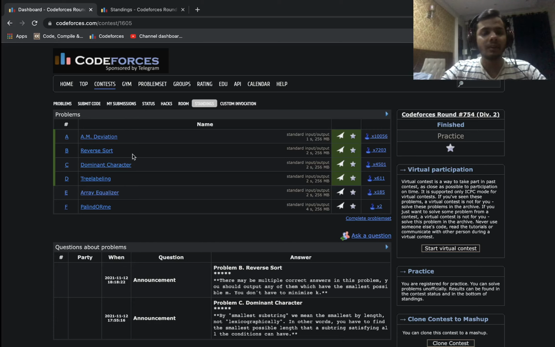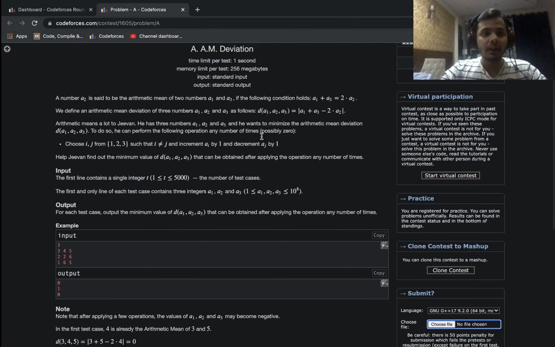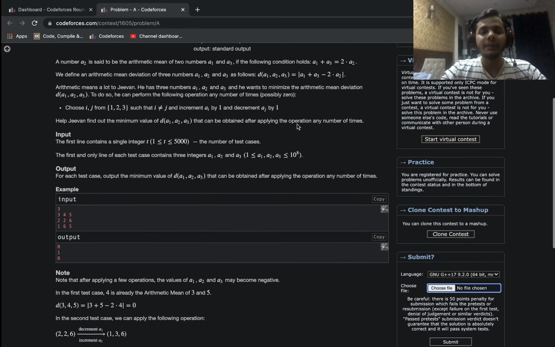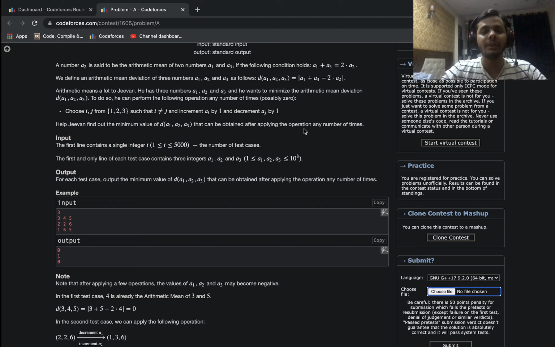So let's start with the first problem. In this problem we have been given three numbers a1, a2 and a3, and in one operation we can choose two out of these three numbers and increment one of them and decrement the other. Finally, what we want to achieve is that the arithmetic mean of a1 and a3 should be as close as possible to a2.